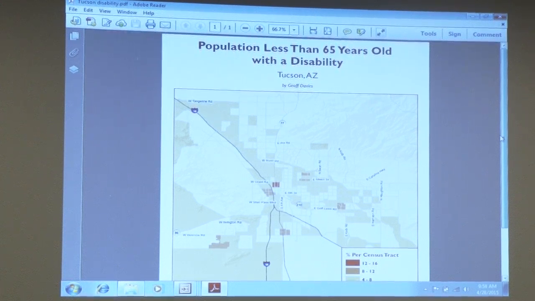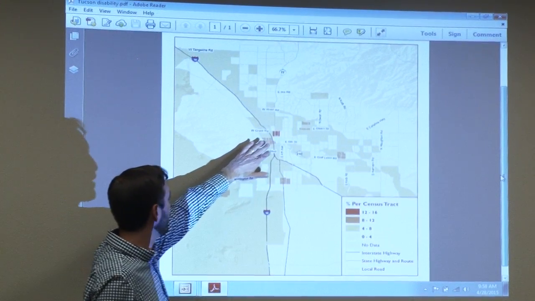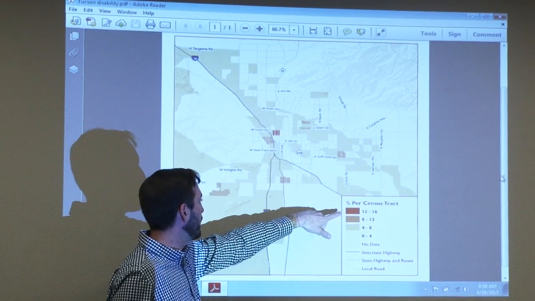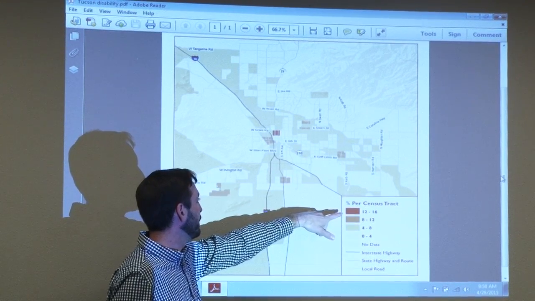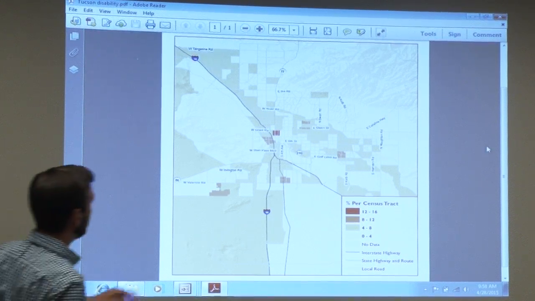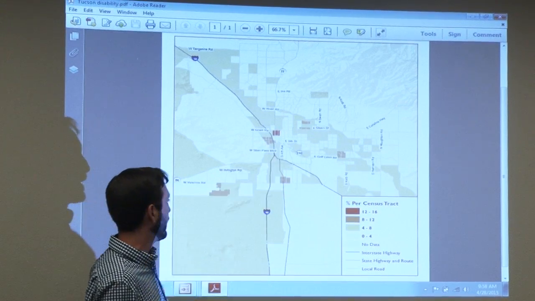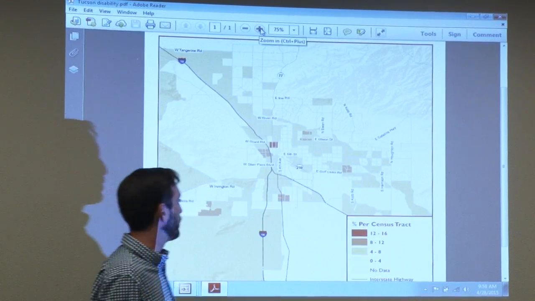You could think of it as a working age population. And it's showing concentration. So the dark red areas in that particular tract, 12 to 16% of the entire population has a disability. And then the less red and the shaded areas on down show the percentage of persons with disabilities.